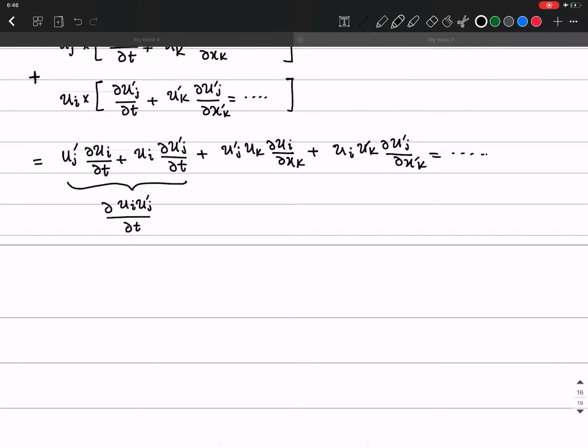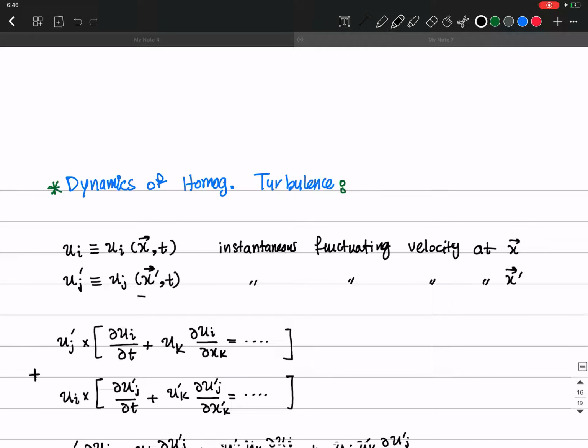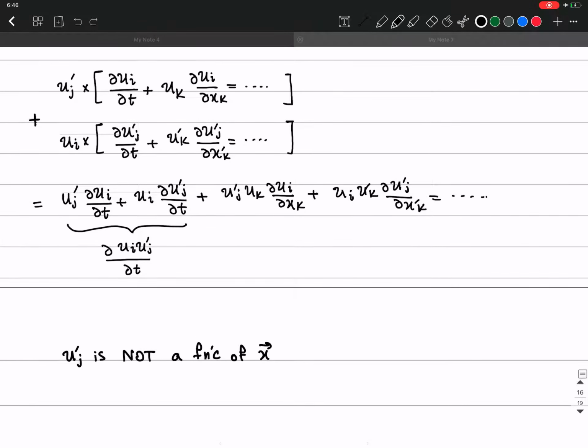The other thing we know is that u prime j is not a function of x. As you see, u prime j is only a function of x prime and t. What does that mean?